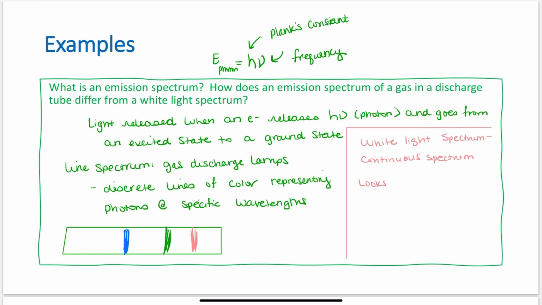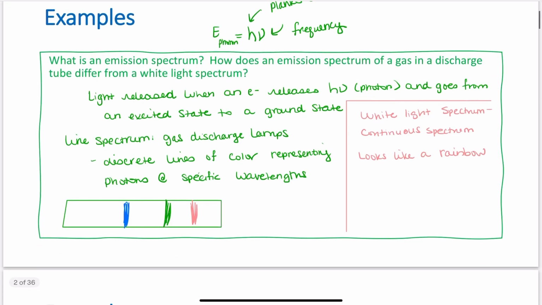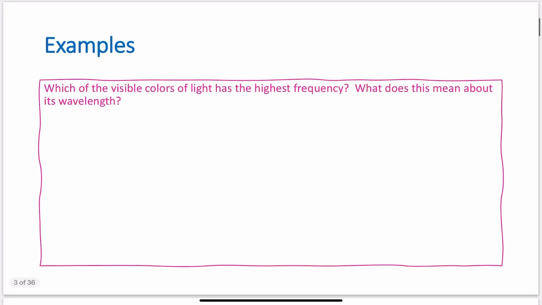It looks like a rainbow. And in fact, that's why rainbows look like they do, because you're seeing white light or sunlight pass through a prism in the sky, and you're seeing a continuous spectrum. There's no discrete lines, there's no breaks of the color. They're blending from one color to the next. And white light does that because white light is exhibiting all colors of the rainbow at you at one time.